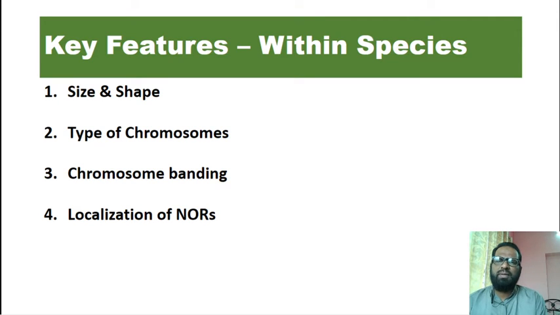Because if you take the NORs, you can find a lot of polymorphism in a given species. Depending upon the geography, depending upon the different geographical races, one species belonging to one geographical race can have one type of NOR localization, and the same species living in some other geographical location may have a different type of NOR. That's why the localization of the NOR is also very important for the study of the chromosome.